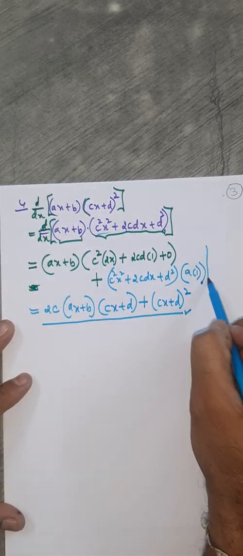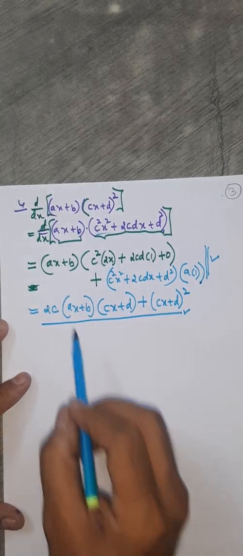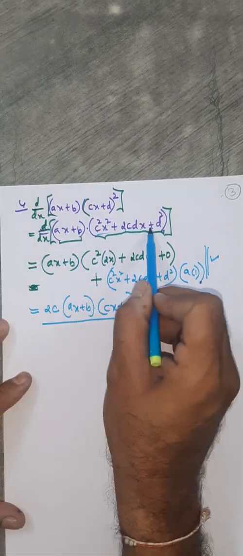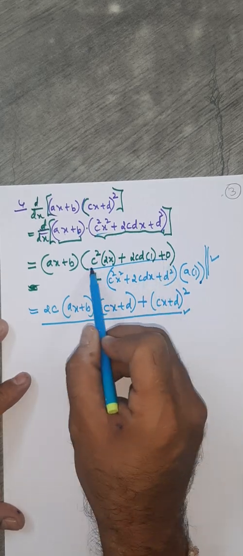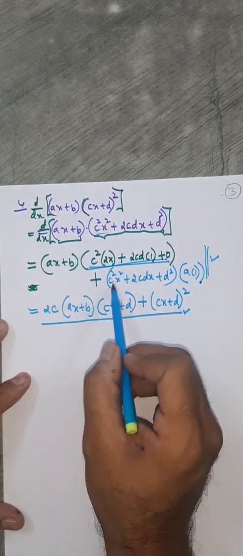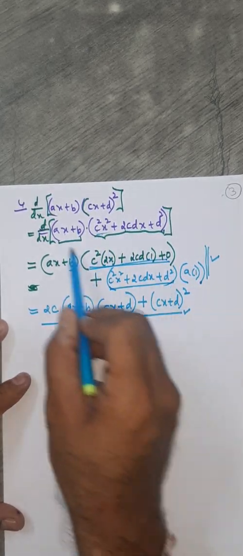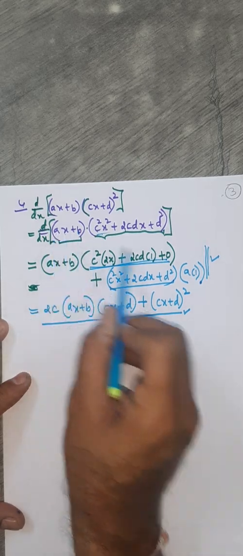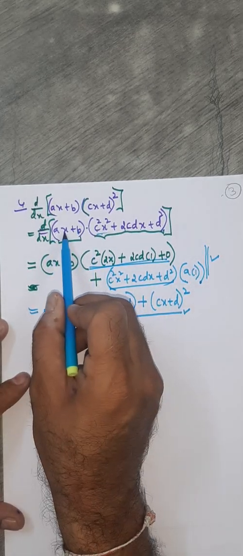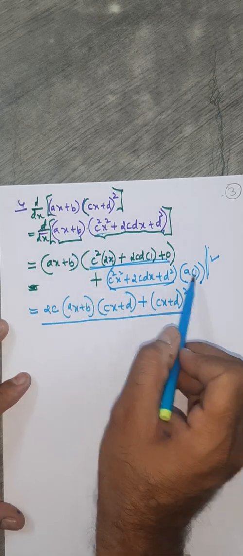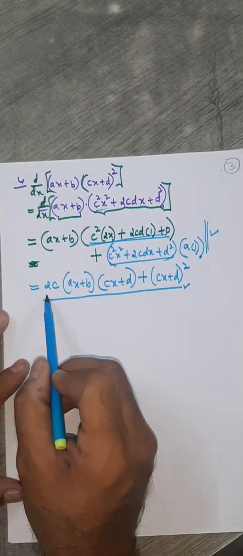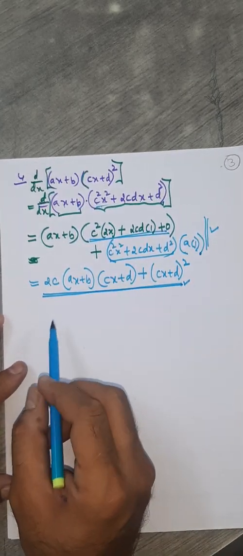The important one is this step, product rule. As it is, differentiation of this portion here. Now this as it is, and differentiation of ax plus b. a being constant as it is, derivative of x with respect to x is 1. b being constant alone, derivative is 0. So we get this after the simplification.